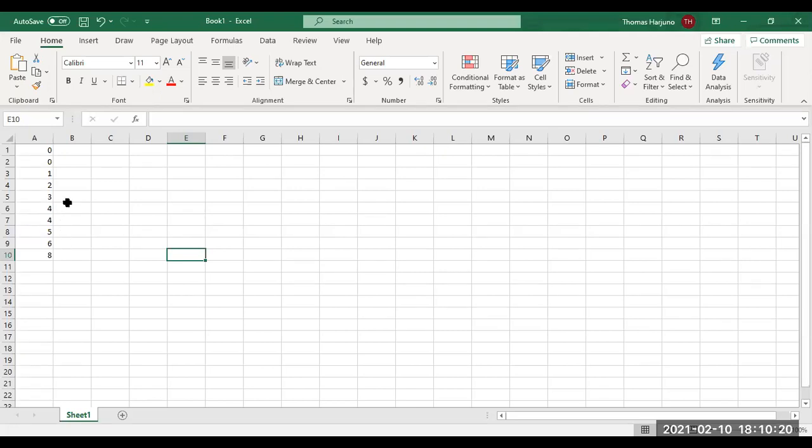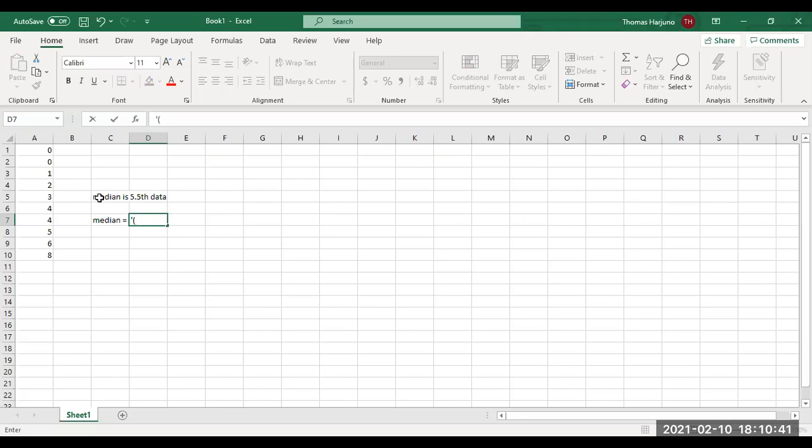So 5.5 means the median is the average between data number 5, which is 3, plus data number 6, which is 4, divided by 2. That is equal to 3.5.